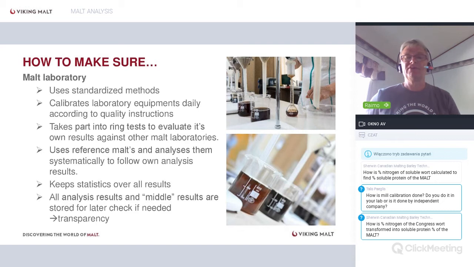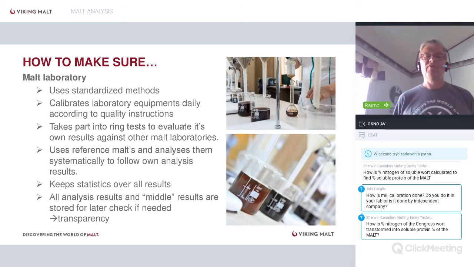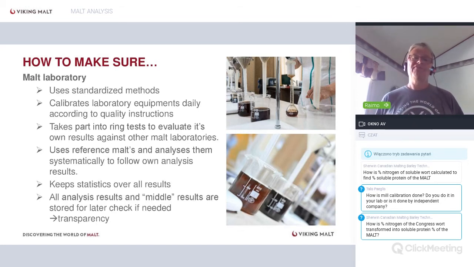laboratories take part in ring tests, so we have certain malt which comes to us. We do the analysis, and malt of exactly similar type is sent all over the world to different malt laboratories, and we should get similar results.